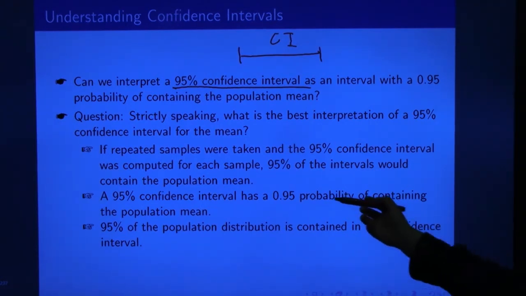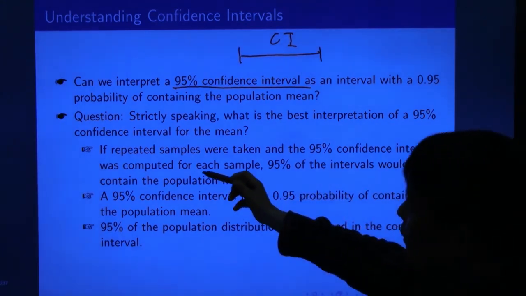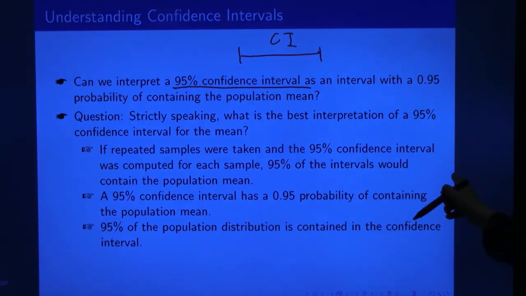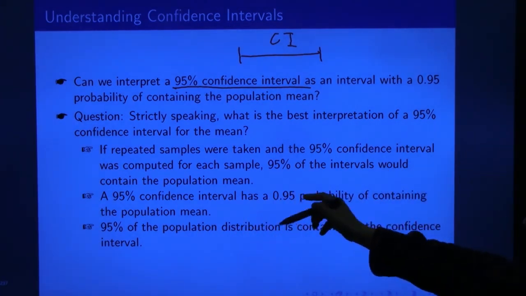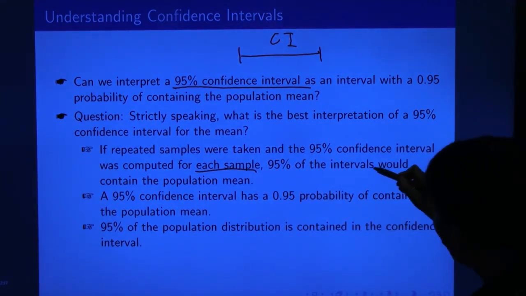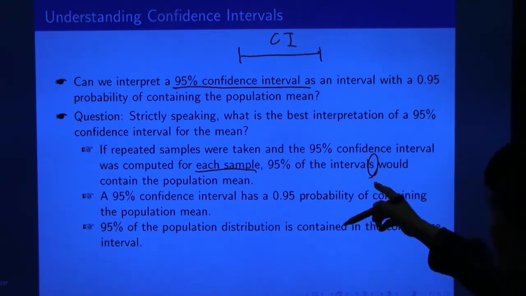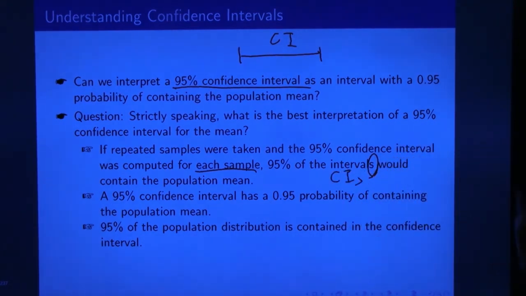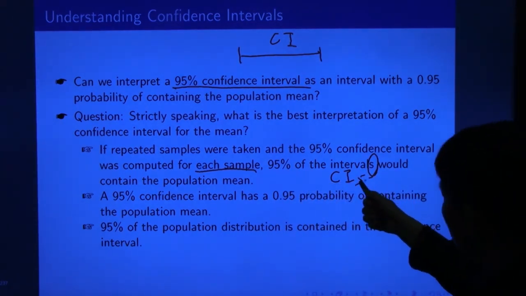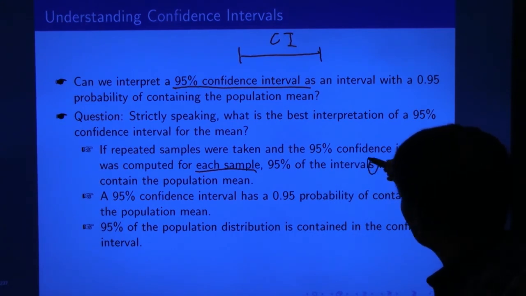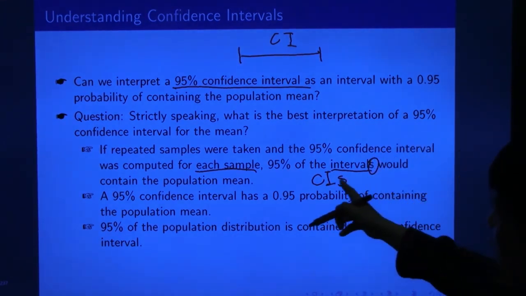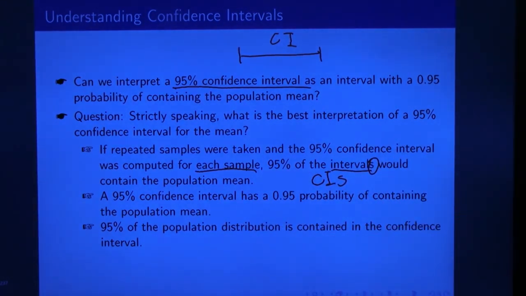All right, let's check the first one. If repeated samples were taken and the 95% confidence intervals were computed from each sample, then 95% of these intervals, meaning there are a lot of intervals, and 95% of them will contain the population mean.